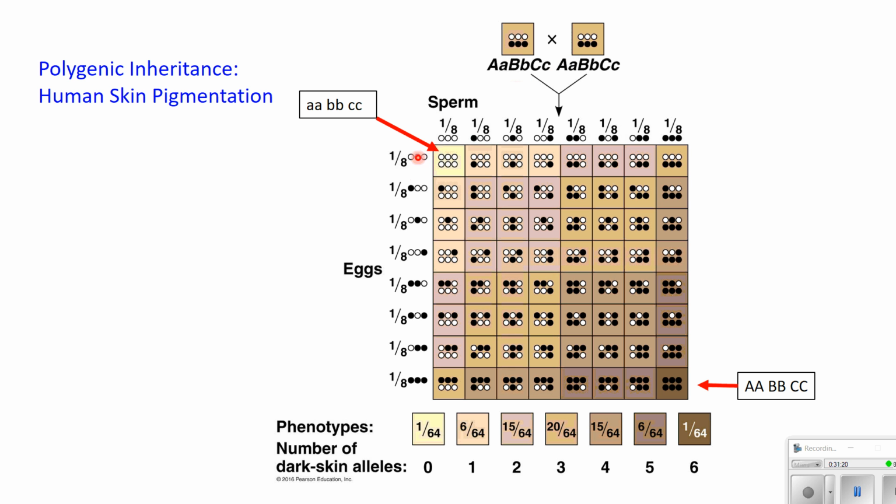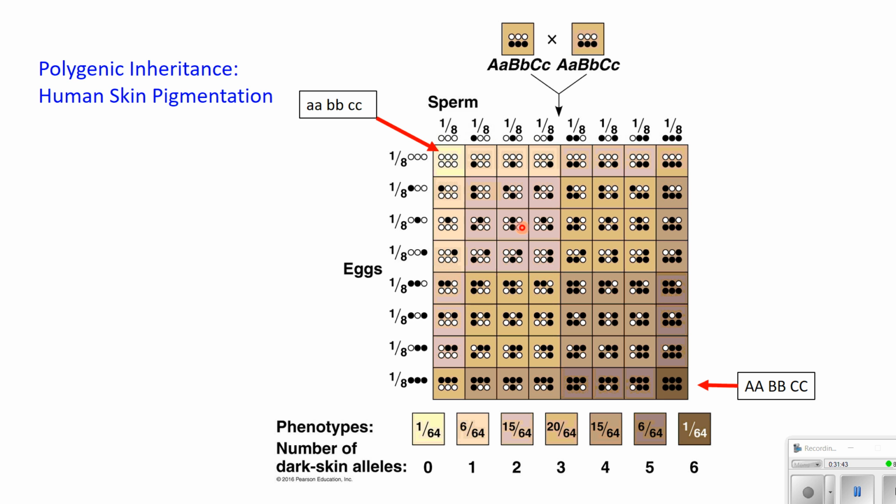So notice we have 1, 2, 3, 4, 5, 6, 7, 8 different kinds of eggs and 8 different kinds of sperm, and therefore 64 possible offspring. Notice, the main thing to notice here is the different shades of pigmentation. It's not just dark and light.